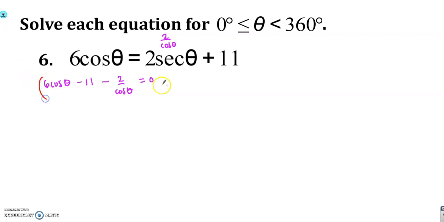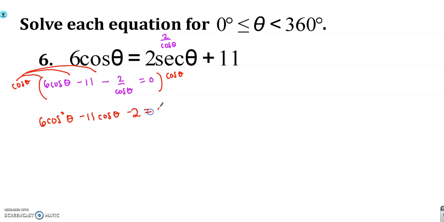And then I will multiply through by cosine to get rid of the fractions. So I'm going to have to distribute this cosine to all 3 terms. So this will be 6 cosine squared of theta minus 11 cosine of theta minus 2.